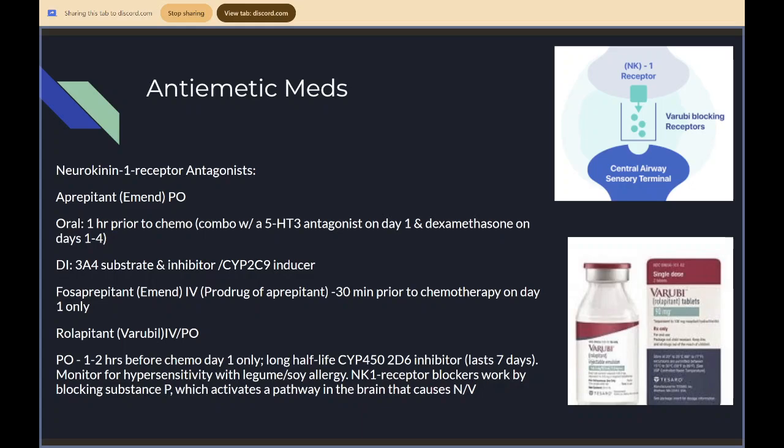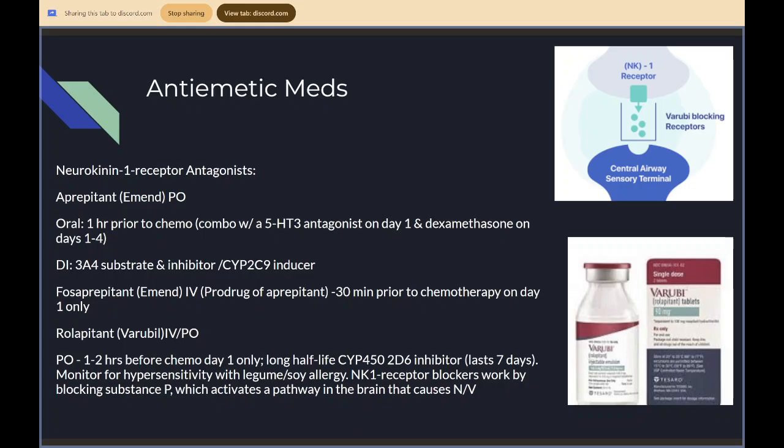So, fosaprepitant is the prodrug of aprepitant, 30 minutes prior to chemotherapy on day 1 only. Varubi is going to be IV or oral, and if you're going to do oral dosing, 1 to 2 hours before chemo on day 1 only.